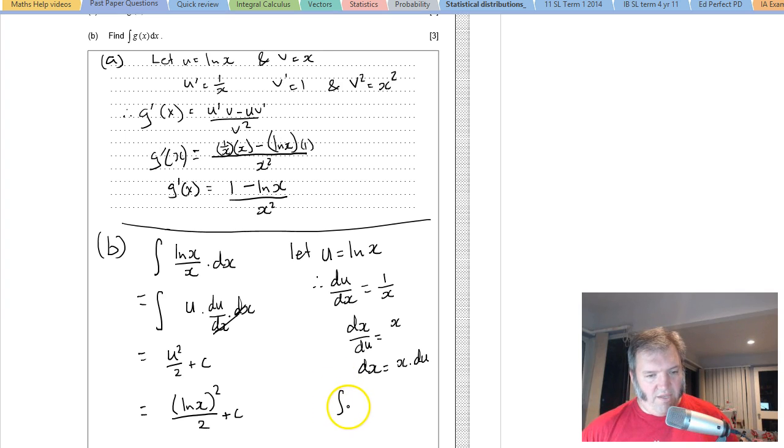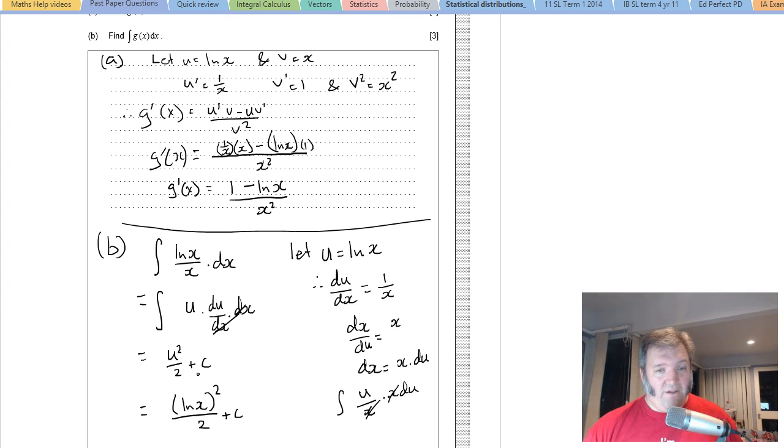So the integral of ln x over x dx is going to be ln x over x, and I replace the dx with x du. You can see here the x's cancel, and ln x is just the same as u. So what we really end up with is the integral of u du, and then we just proceed exactly as we did before. Either one of those ways is fine.